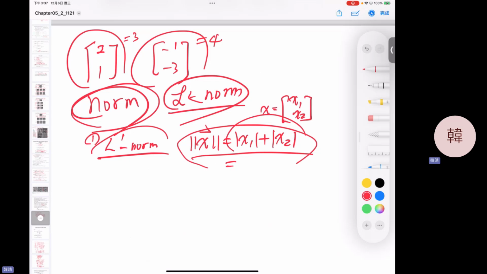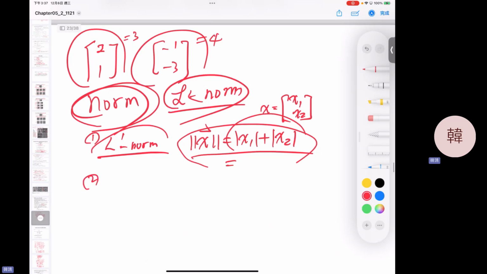There are three characteristics for the norm. These are the mathematical requirements for a function that transforms your vector or matrix into a norm: it has to satisfy these three conditions.